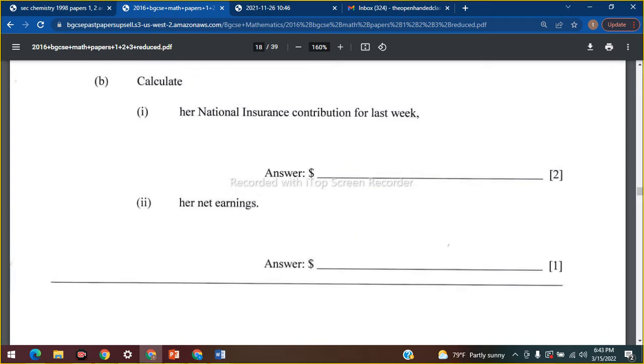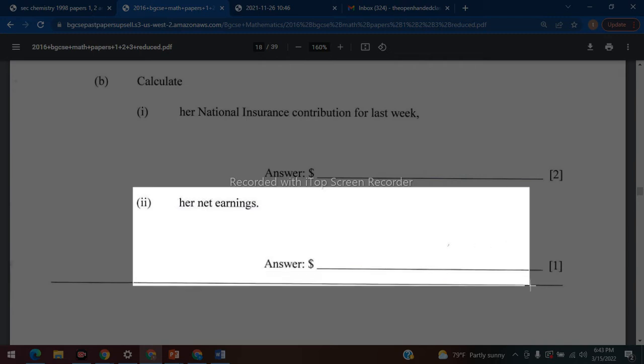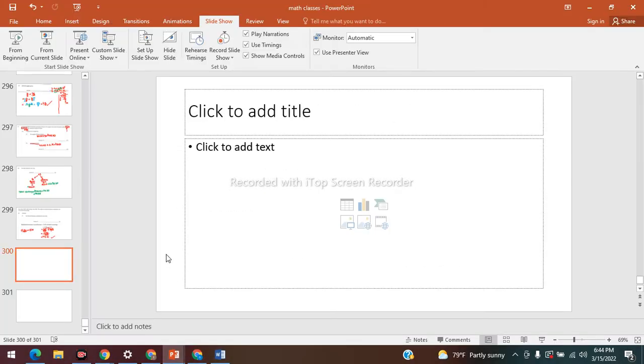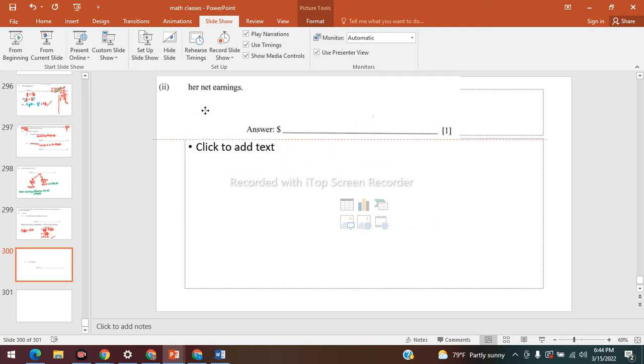What do we mean by net earnings? The amount she's taking home. Yes, the amount that she takes home, you could say that. I like that idea. Or you could say the amount that she has after all expenses are paid.